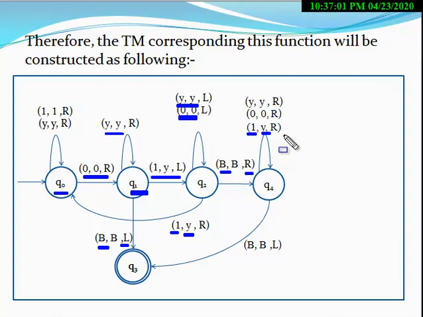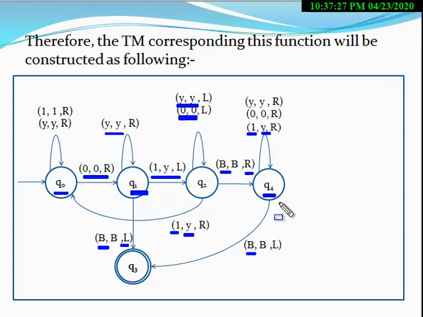So the machine moves in the right direction only at the state q4. As soon as the blank symbol appears at the state q4, the machine goes to the final state.